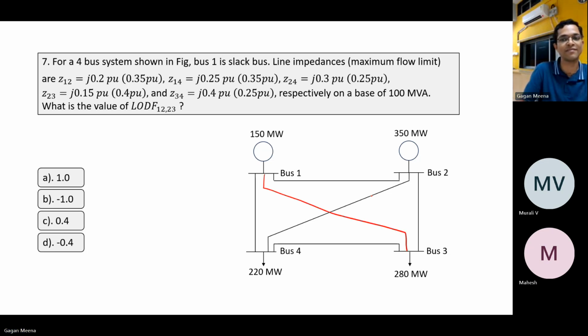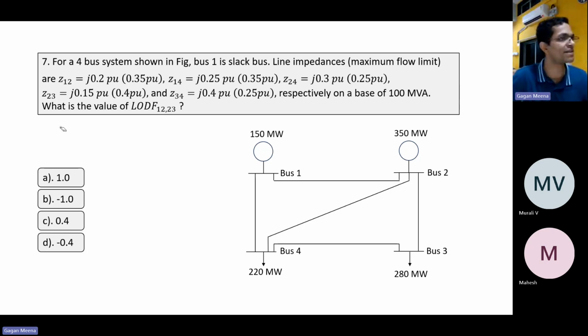In this, the line is between bus 2 and 4. In the assignment you will find it is between 1 and 3. Also, the values are different. Generation and load values are also different. In the assignment you will find this is 30, 30, 30. Here the reference bus is also changed. In the assignment you will find the reference bus is 1, and here the slack bus is 2.